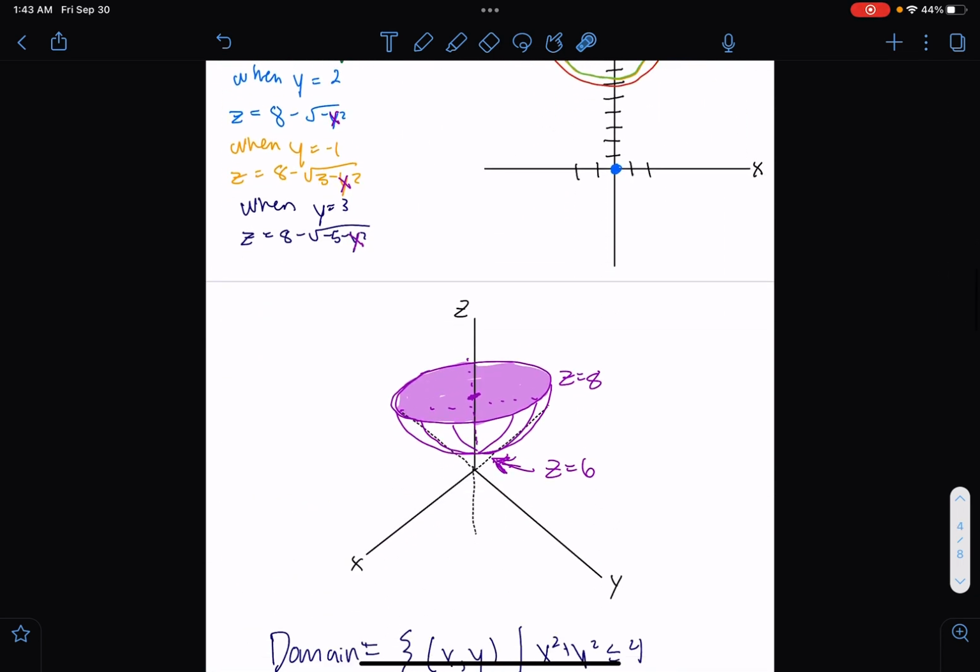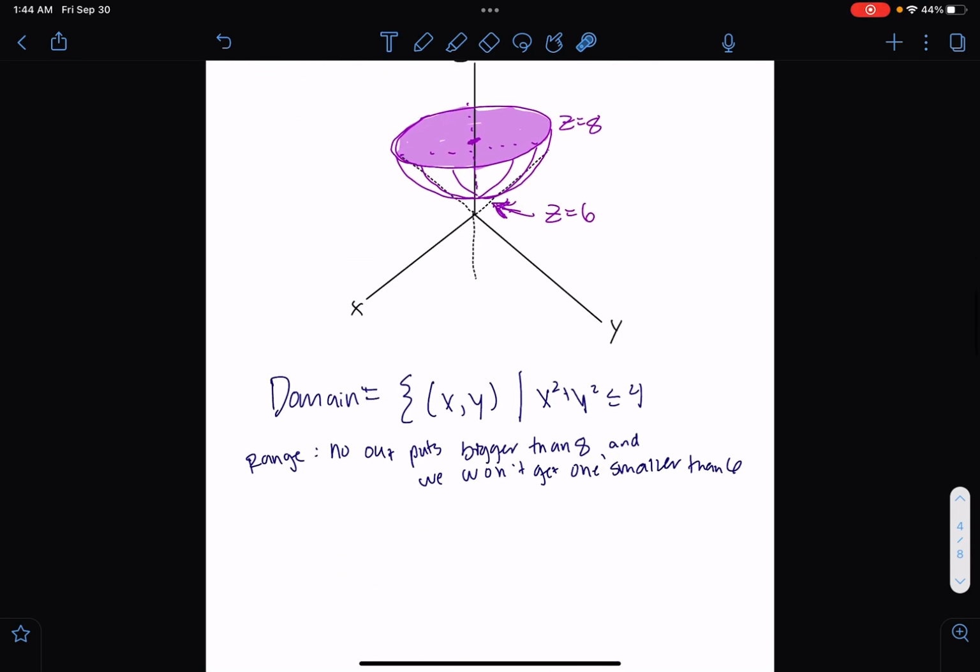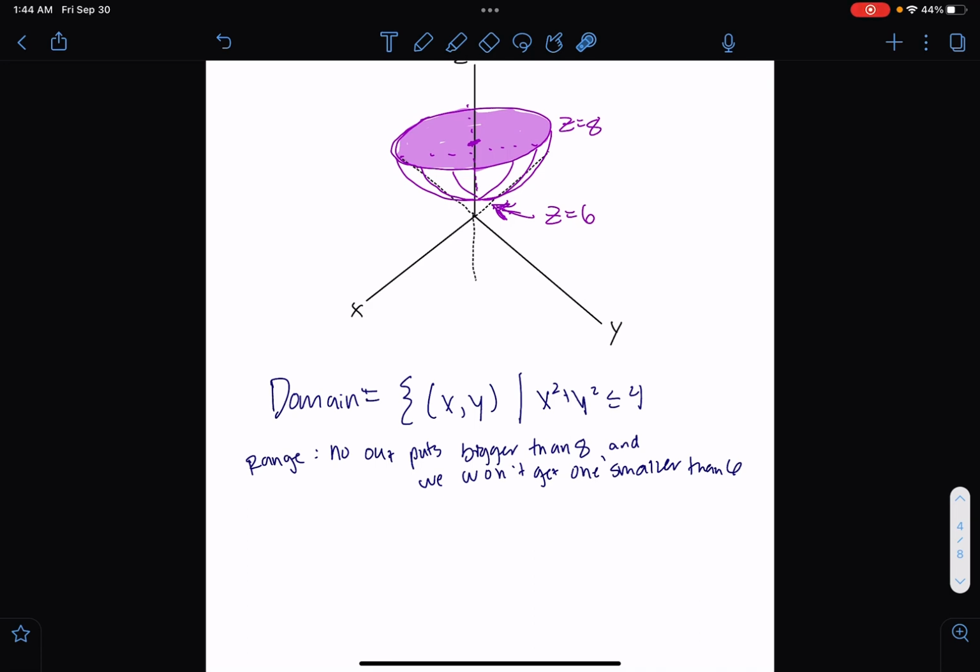So it's our little upside down dome, and some important parts are right here, like where this plane happens at z equals 8. The biggest the radius gets is 2, and because of that, z equals 6 is going to be the lowest value that we get, which, going back to our talk about the range, means we're not going to get any outputs bigger than 8, and none smaller than 6.